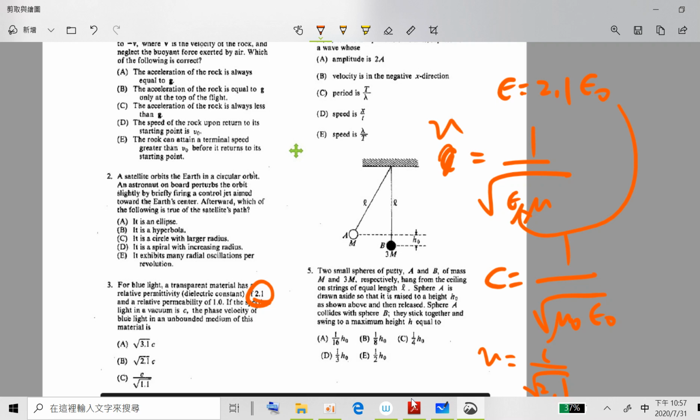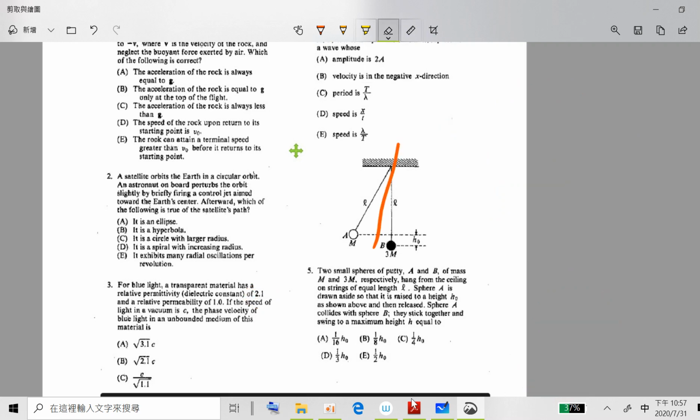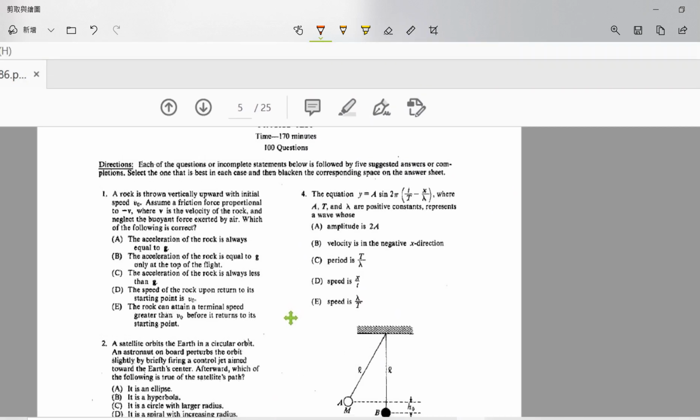This one asks you about a wave. The amplitude is A. You can see that when x increases by lambda and t decreases by T, the wave moves from left to right.